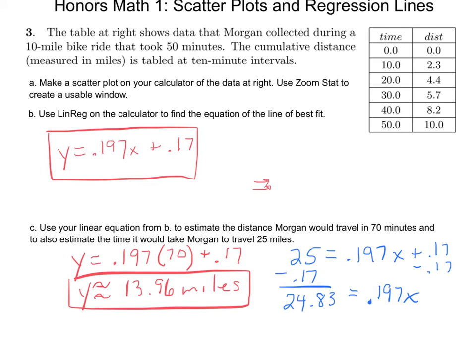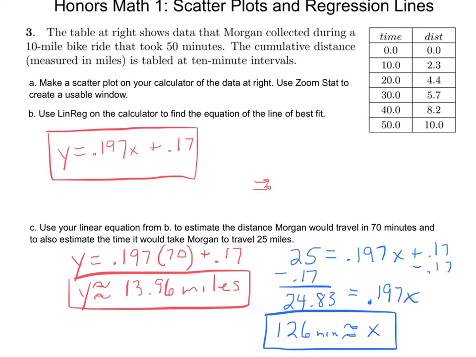Of course, divide both sides by 0.197. So you have x equals about 126 minutes. And again, that should make sense, since if we want to go 25 miles, we'd have to go down here to 25, and then it would be about 126 minutes. So that answers your question for C.